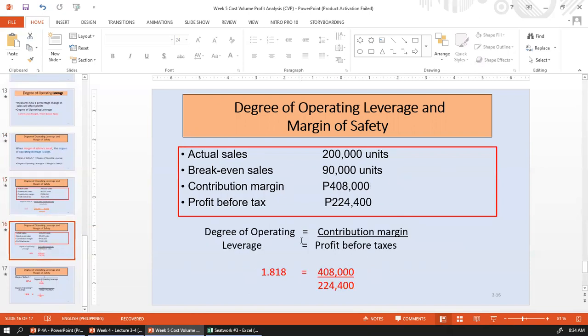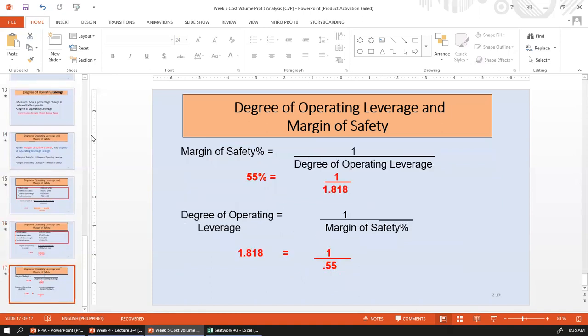Now, we compute for the degree of operating leverage. So contribution margin of 408,000 divided by your profit before tax of 224,400 will give you a degree of operating leverage of 1.818. So we use the formula, okay? The one I gave you, how to compute for the margin of safety.